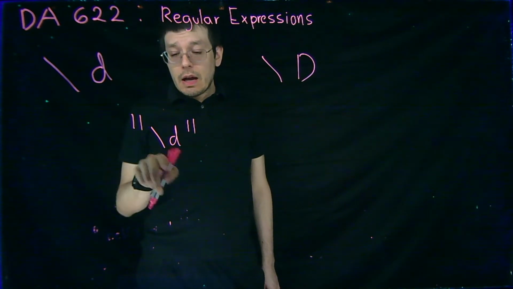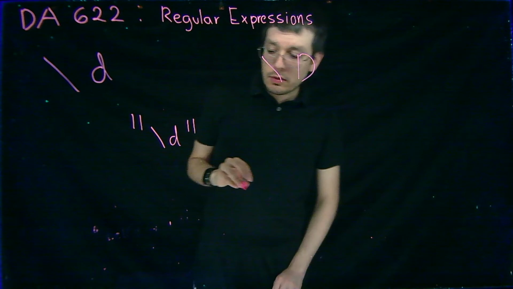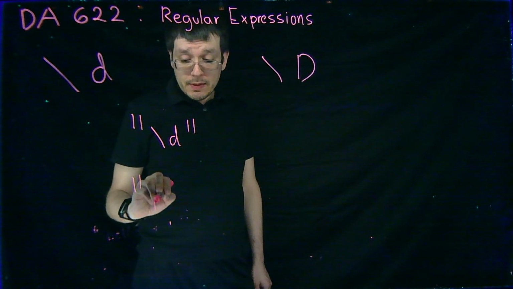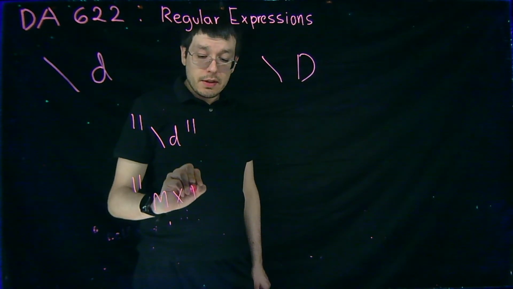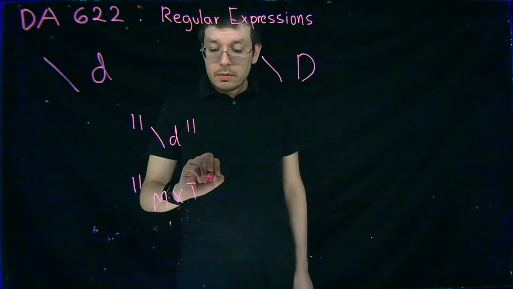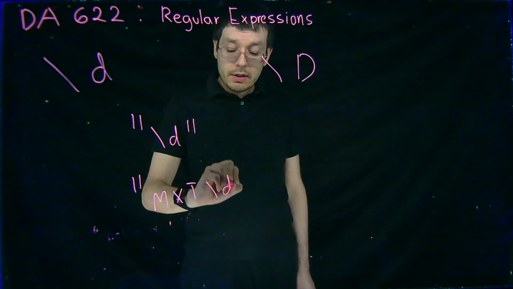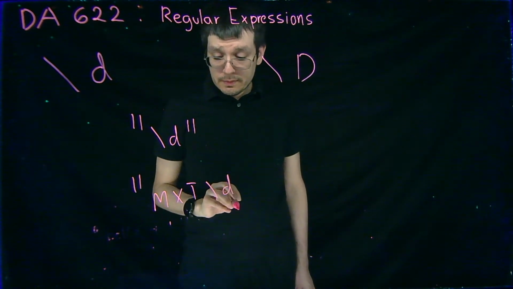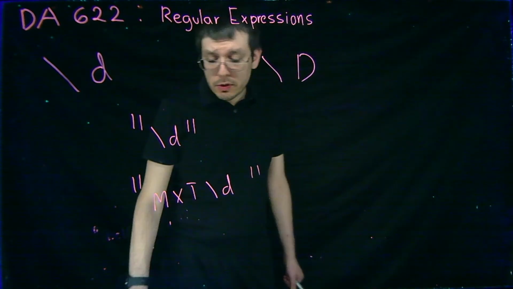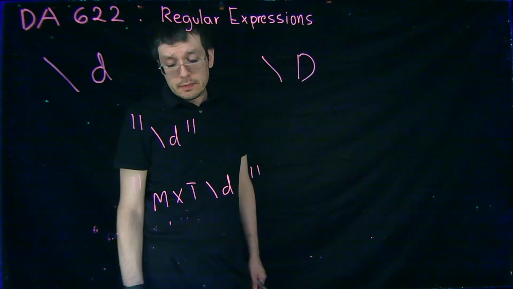Now, how would you use this in a mixture with other things? Let's say that I'm looking for that serial number stuff, so MXT, and then a bunch of digits. I could do something like that, and I think that would look for one or more digits.